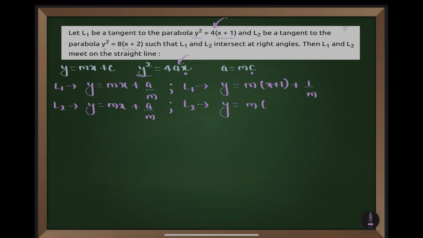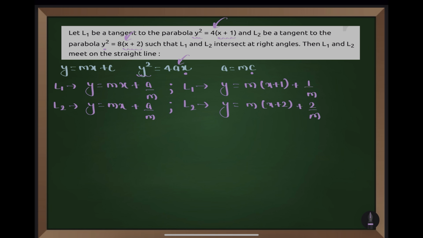But x is changed. So can I go with x plus 2 plus a by m? So who is a? Now look at this. It is 4ax. So 4a is 8. In place of a it should be 2. Then only you will have 8. So can I write 2 by m? Comfortable?